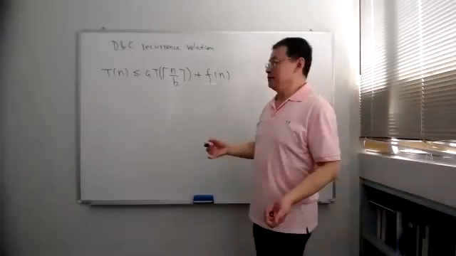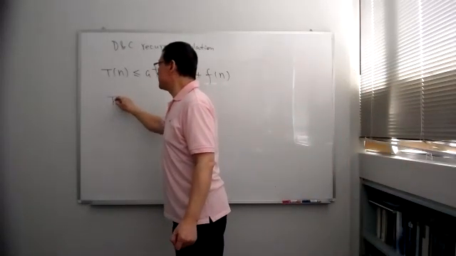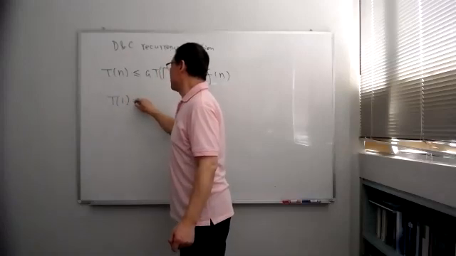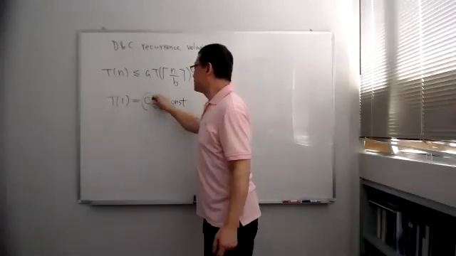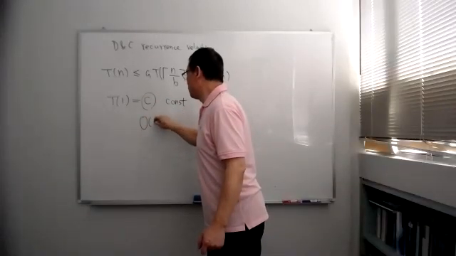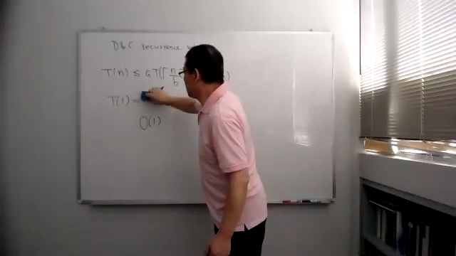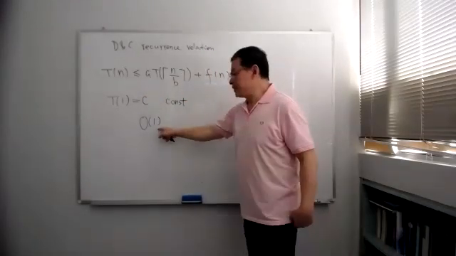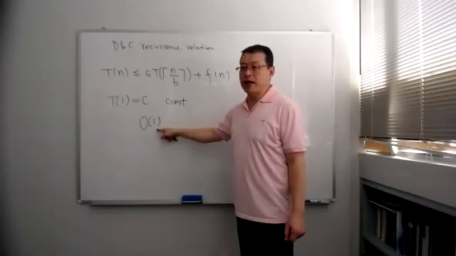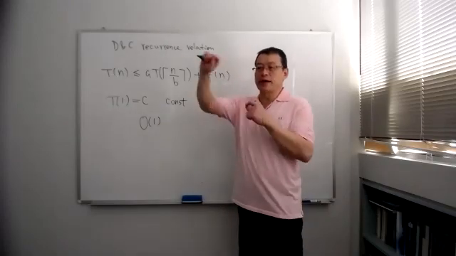All right. Then for small n, we have a boundary condition, where C1 is some constant. This can also be written as big O of 1 for constant, bounded above by a constant. So be familiar with this notation. This one means it's bounded above by a constant. The function has an upper bound.